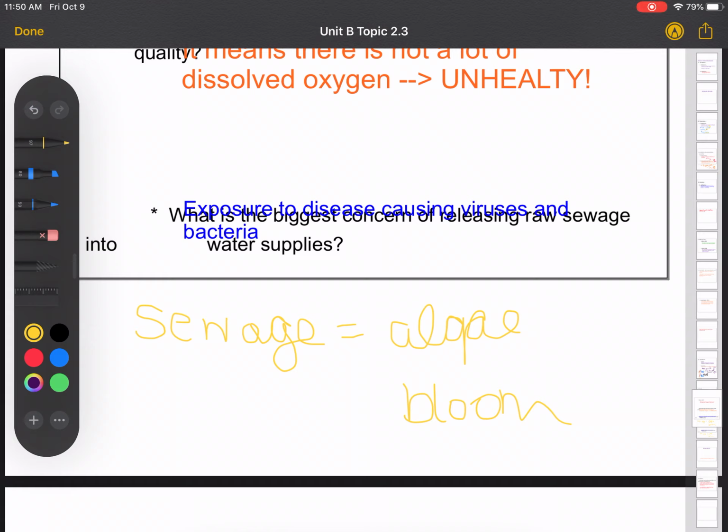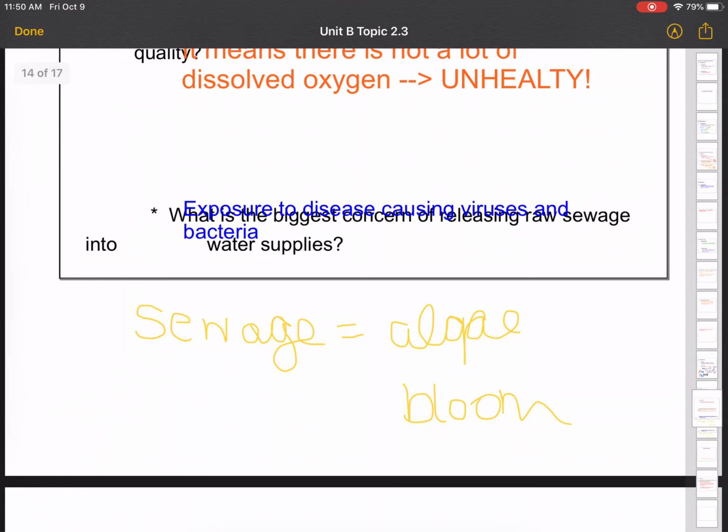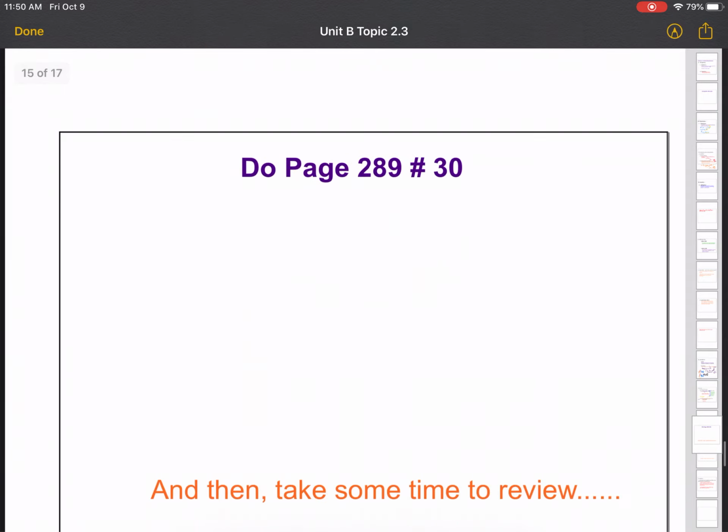So when we put our raw sewage into the water, we also, through our pee and poop, give off nutrients, and then that'll create algae as well. So algae blooms, it gives it like extra fertilizer that it doesn't need.